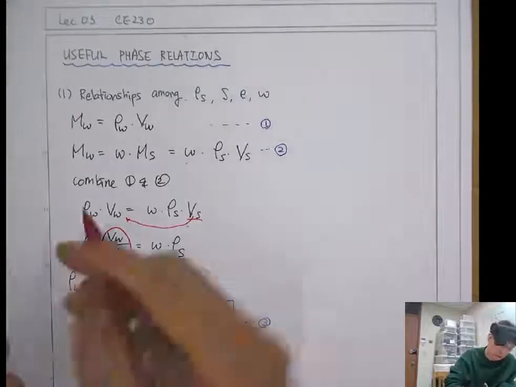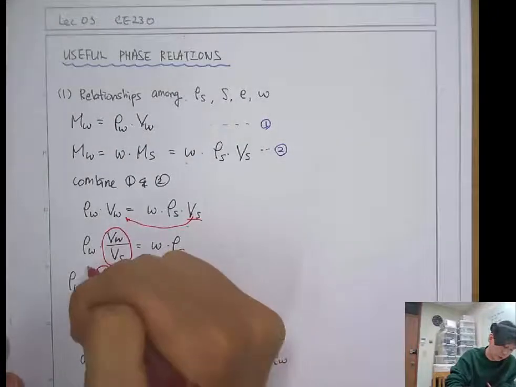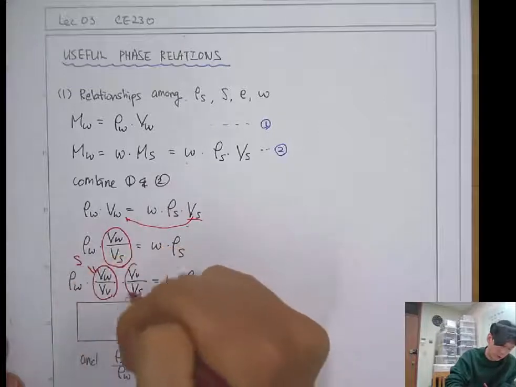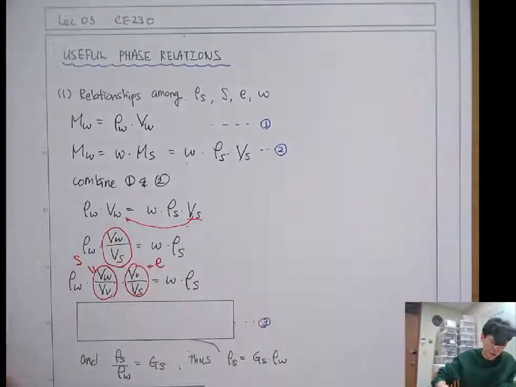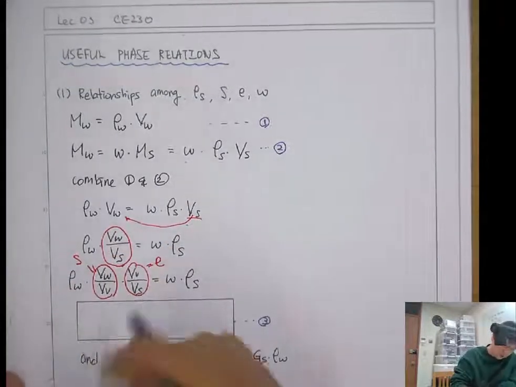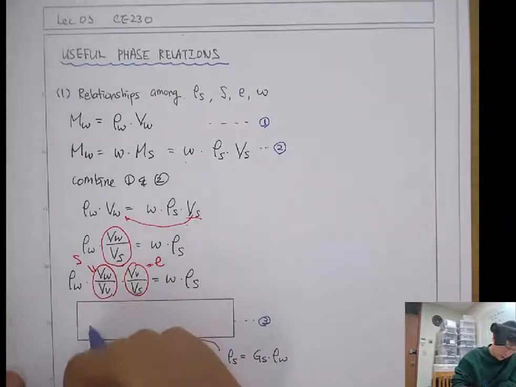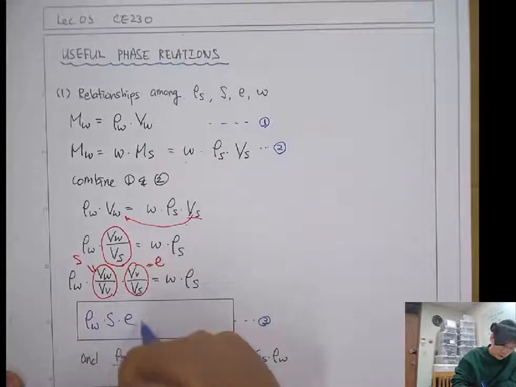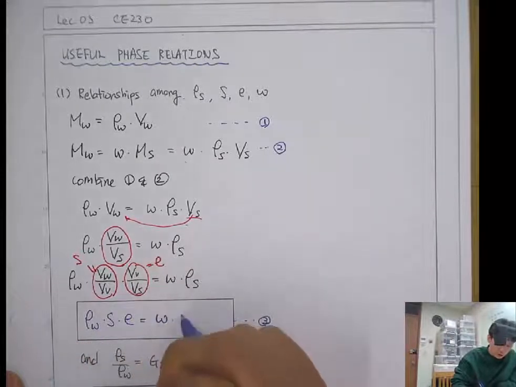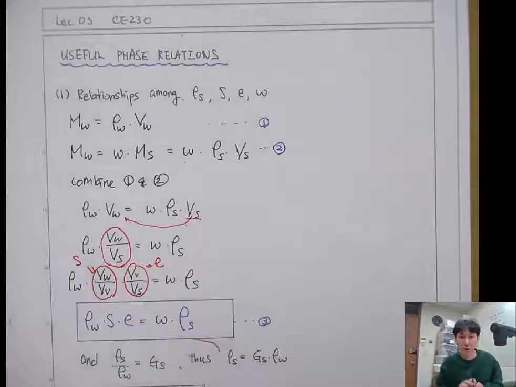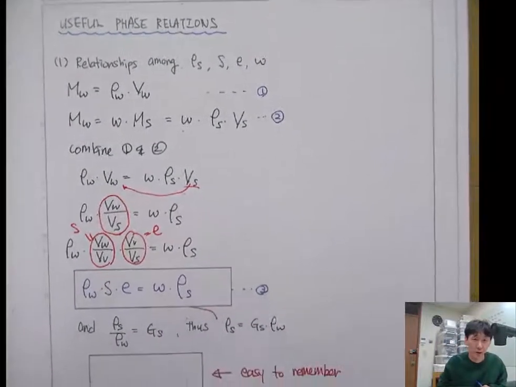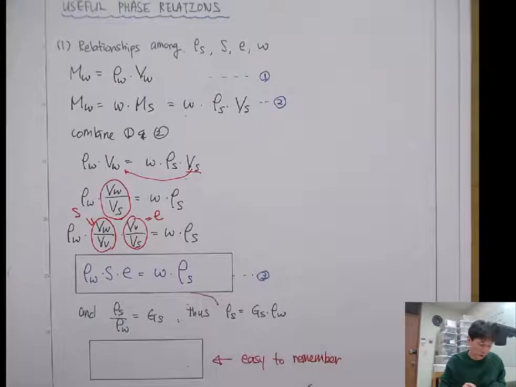So now we know that this is degree of saturation and this is void ratio. So we can finally come up with rho w S e is w rho s, right? And this is the equation 3.